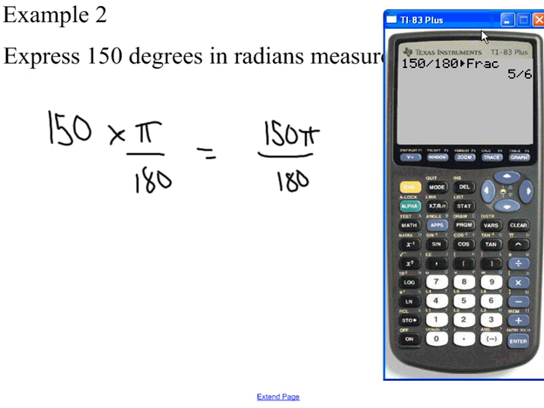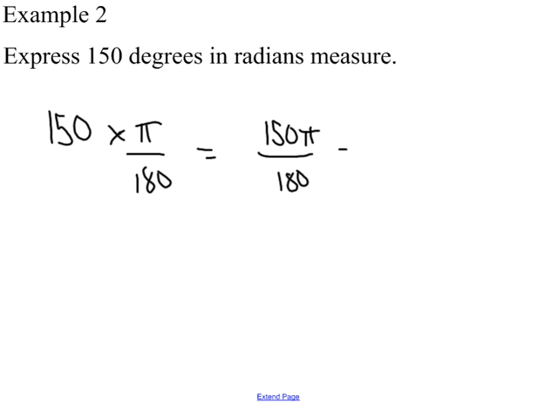It says 150 over 180 is equal to 5 over 6 in reduced form. So the answer is 5 pi over 6 because we still have that pi there, and the answer is in radians. So the answer is 5 pi over 6 in simplest form.